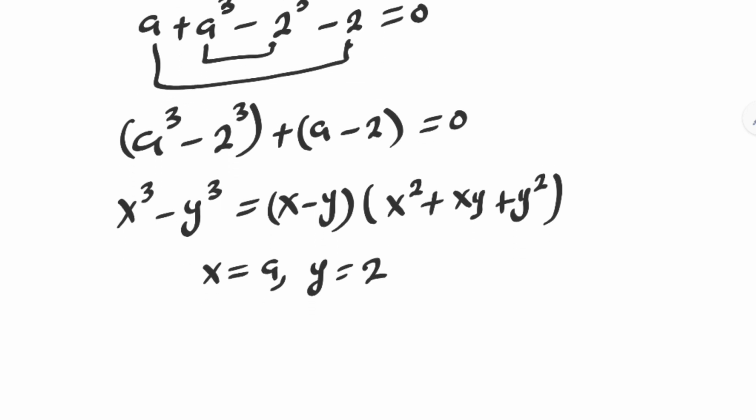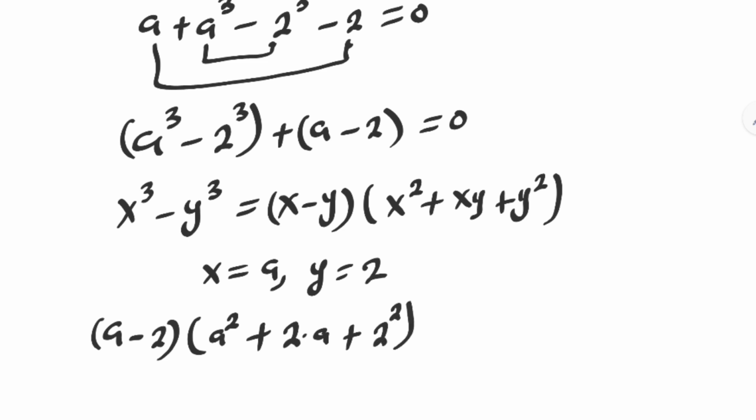Then we have a minus 2 bracket, then this is a square plus 2 multiplied by a plus 2 square, then plus this a minus 2 is equal to 0.